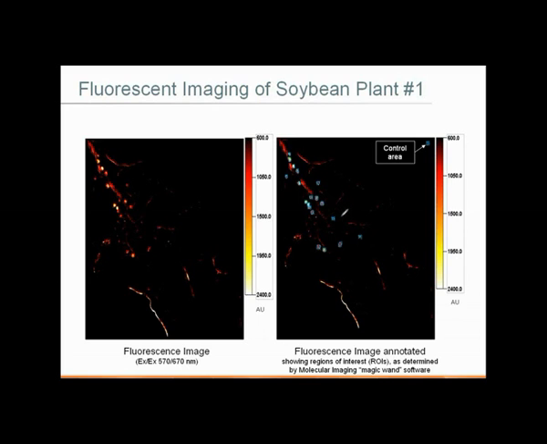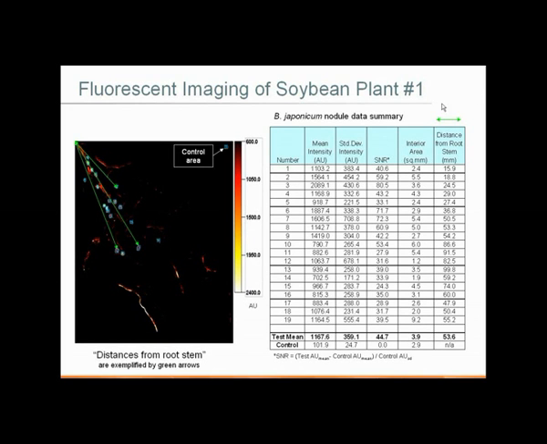In fact, a group at the University of Missouri has taken and improved upon this technique where they wash these nodules off the root, put them onto the platen, and then take another fluorescence image, use the automated region of interest tools that I showed in the seed application in order to count the nodules and reject any root debris that comes through.